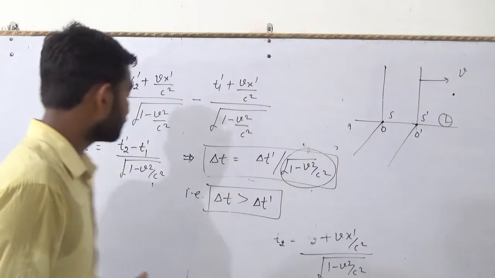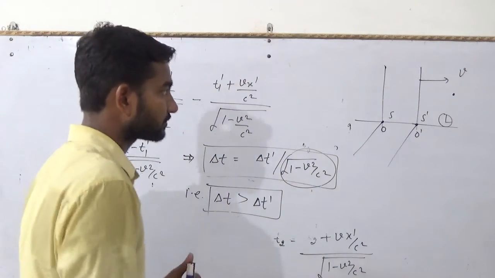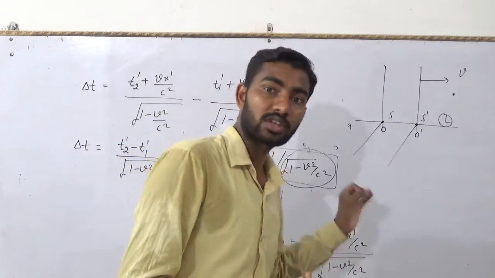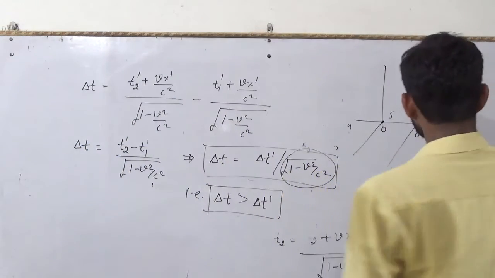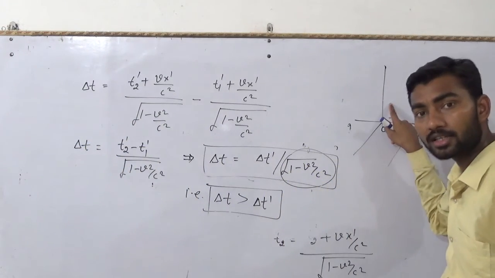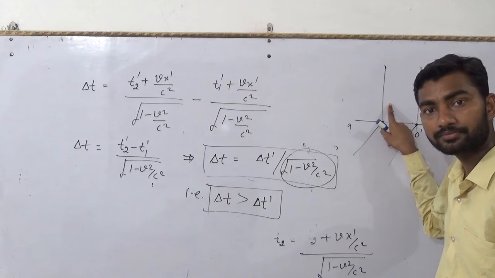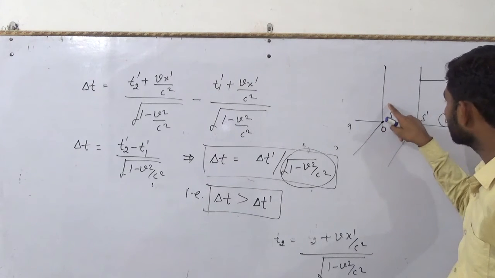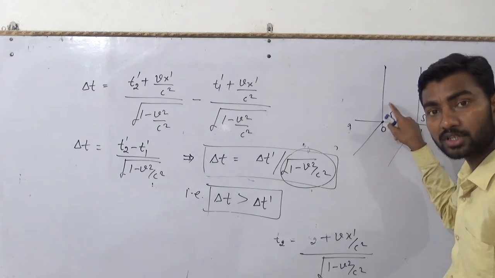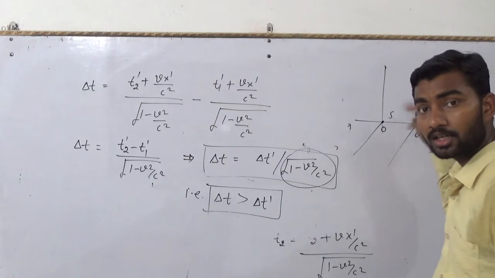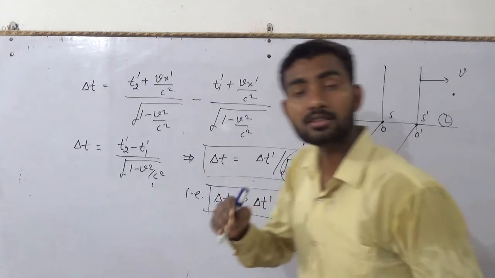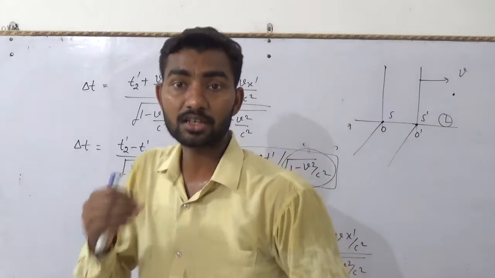Friends, here we have explained completely all about time dilation. In other words, if we consider this clock is at rest in this frame of reference, and this frame of reference is moving with uniform velocity v, and the other frame is at rest, then the same condition will appear here.